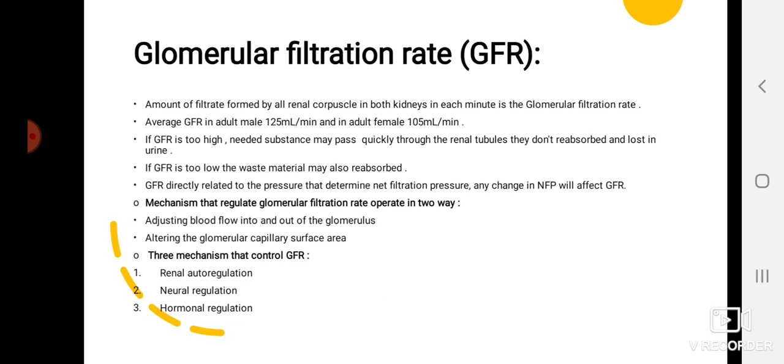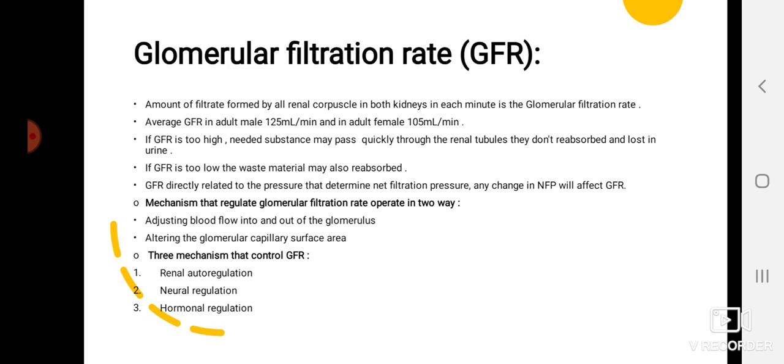So if the glomerular filtration is high, think about a pipe: if the flow of water in the pipe is more, it quickly goes to the drum tank. In the same way, if the glomerular filtration rate is higher, the fluid goes quickly through the renal tubule.